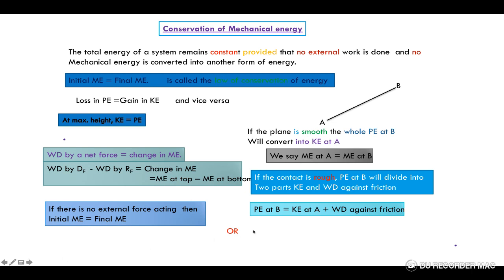So we can say now the potential energy at B, or mechanical energy at B, is equal to mechanical energy at A plus work done against friction, or potential energy at B will be kinetic energy at A plus work done against friction. So it is better to use: mechanical energy at B is equal to mechanical energy at A plus work done against friction.